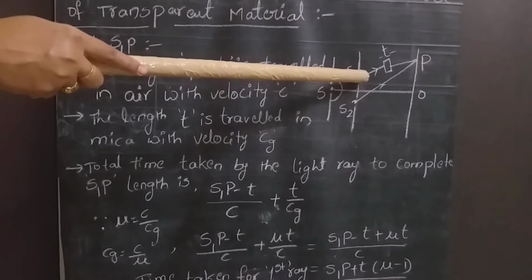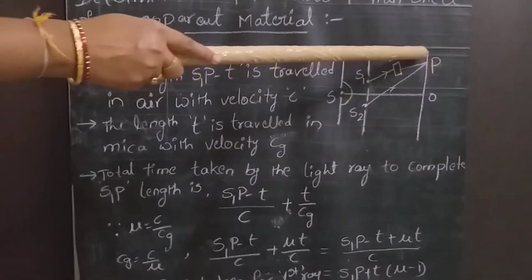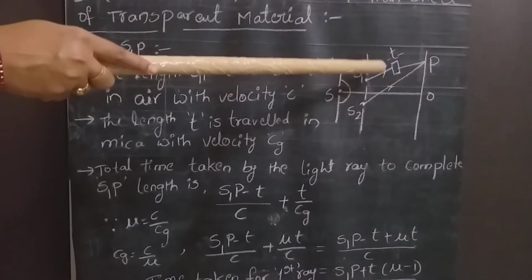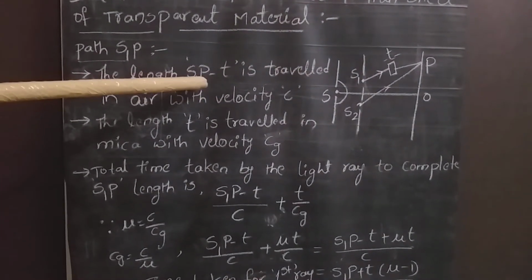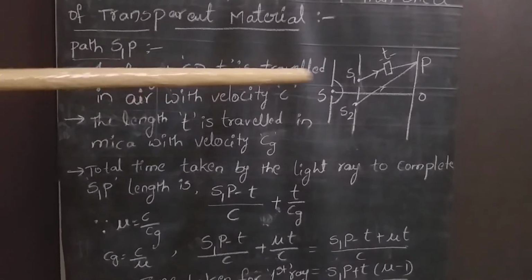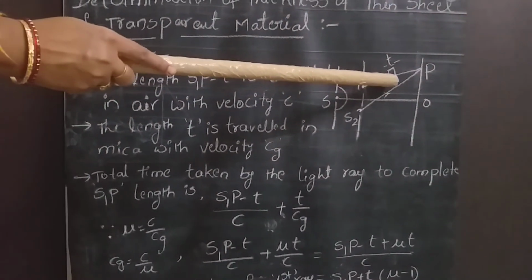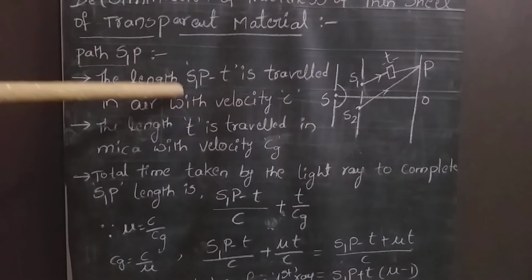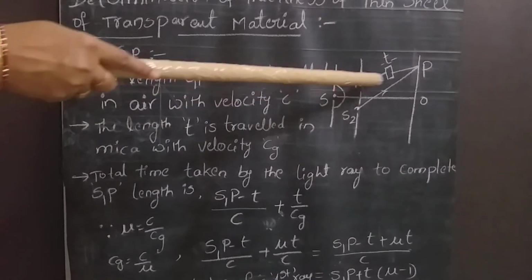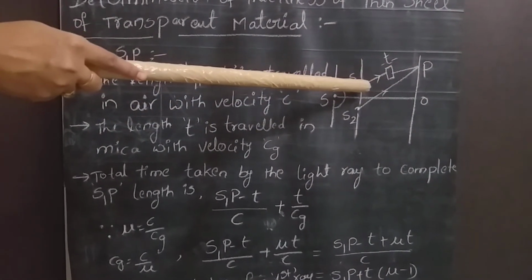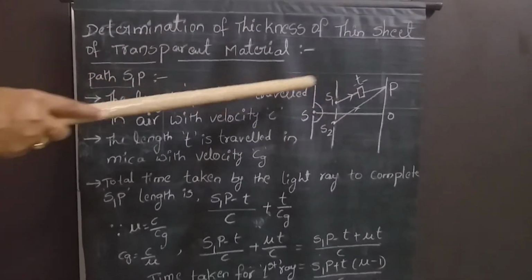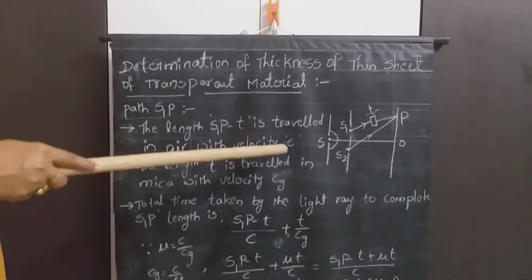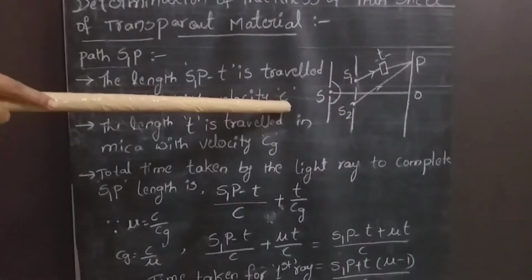Therefore, the total distance travelled by this first light ray in air is S1P minus T. Now, how much velocity does this light beam have when it is travelling from S1 to P with respect to air? When it is travelling through air, the velocity of light is equal to c.